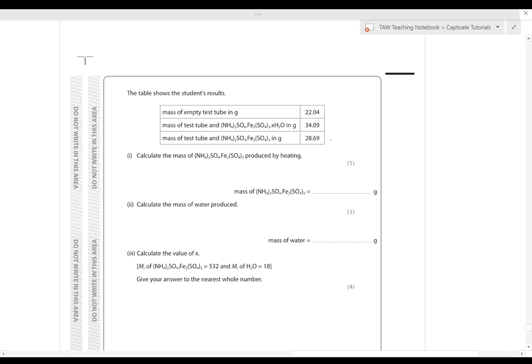So we've got this value, but it includes the mass of a test tube, so we need to get rid of that. So what we need to do is take 28.69 and take away the mass of the test tube so that we're left just with this compound here. So when we do 28.69 minus 22.04, we get an answer of 6.65 grams.